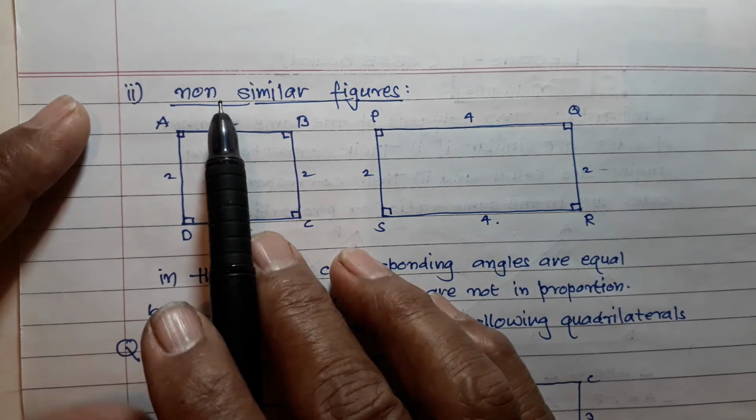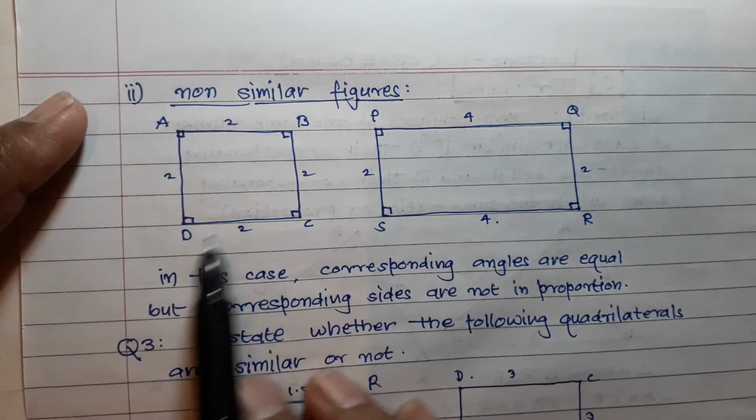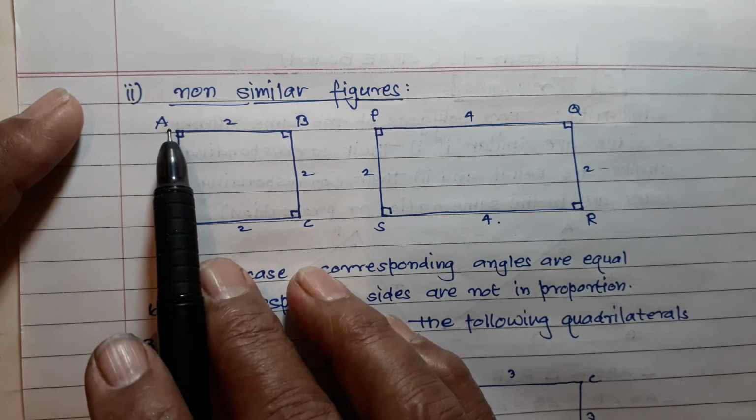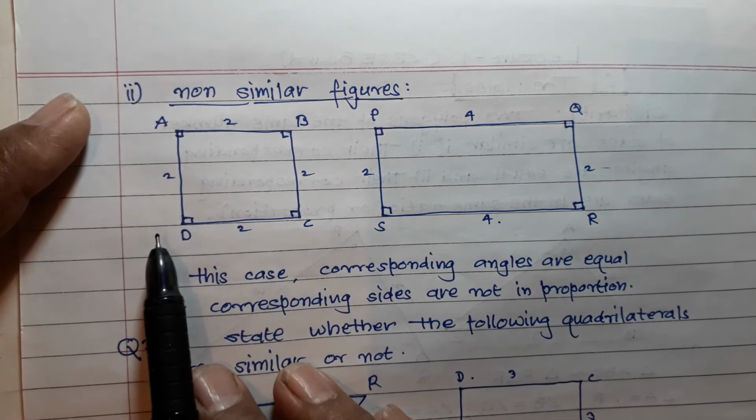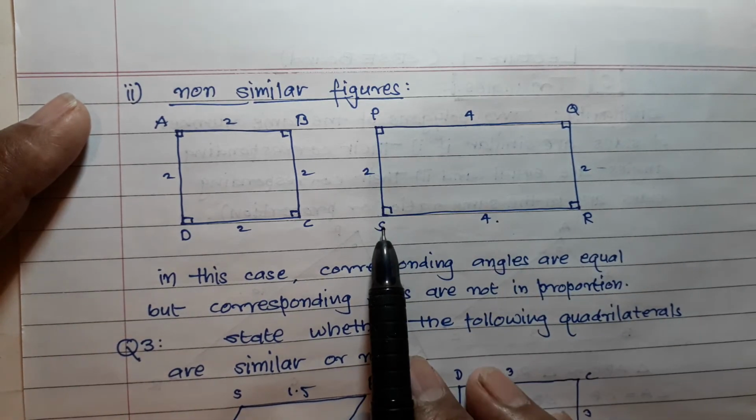Question number 2, non-similar figure. Now this is a square ABCD and this is a rectangle PQRS.